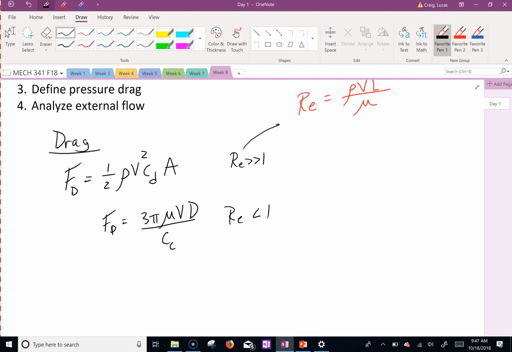If you take a pollen particle, they're really small, floating around in air, or a dust particle, if you open your window, you ever see that with the dust flying through the sun? Those use that because they're really, really small, really light, going through air, so you'd have to use that. Now the 3 pi mu VD makes sense. This CC is what they call a Cunningham correction factor.